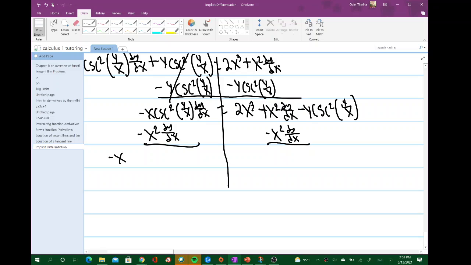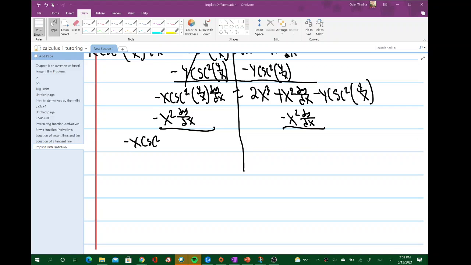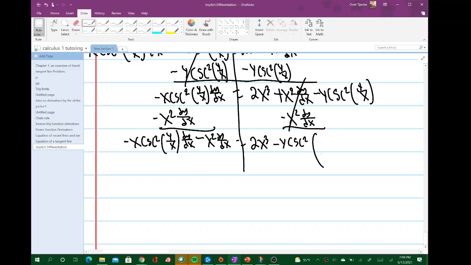So then you have negative x cosecant squared of y over x. So dy dx minus x squared dy dx equals, and this cancels out, you have 2x cubed minus y cosecant squared of y over x.